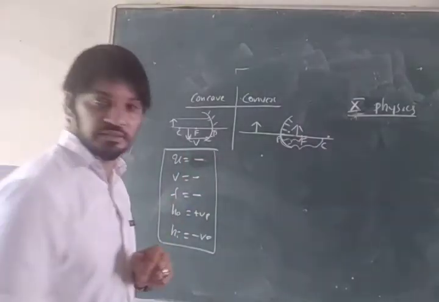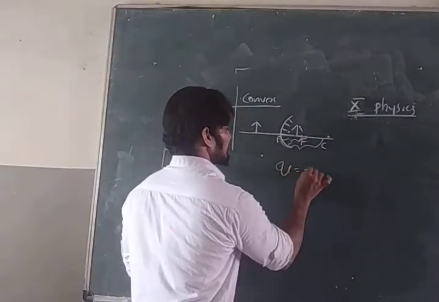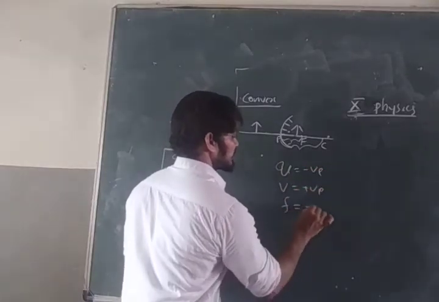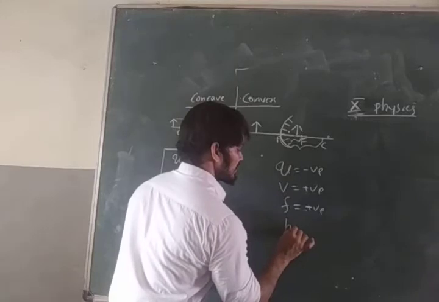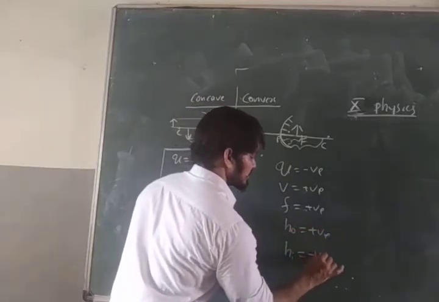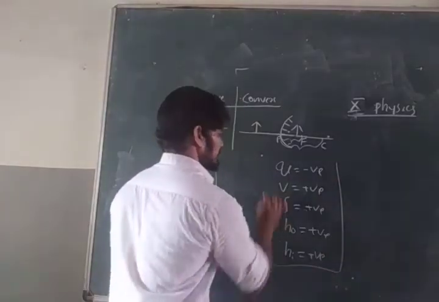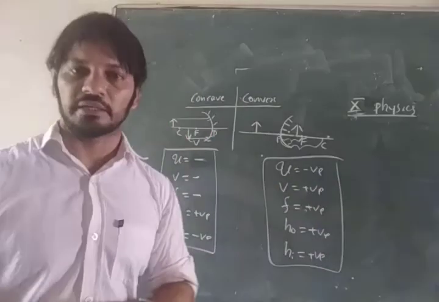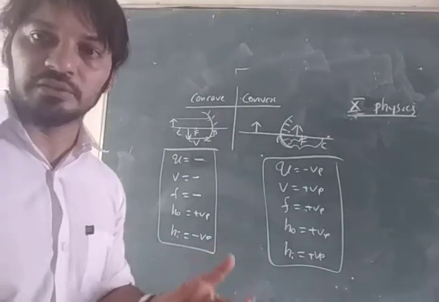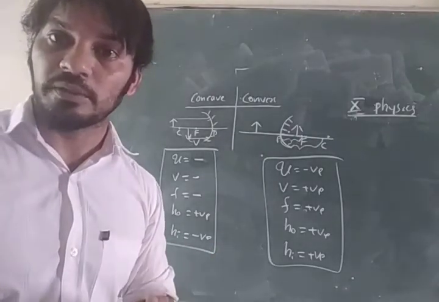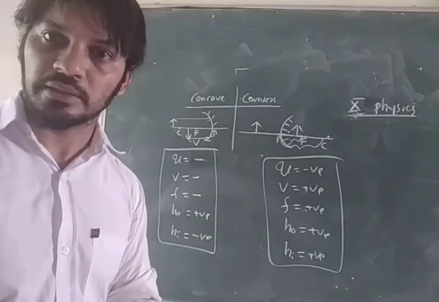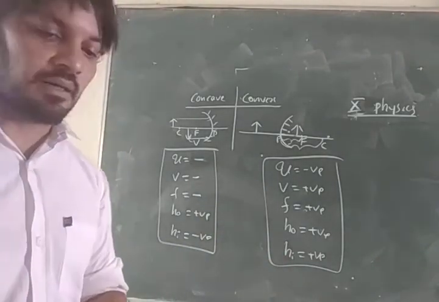In a convex mirror, U negative, V positive, F positive, HO positive, HI positive. Only U is negative. Understood? This you have to remember when you are problem solving.